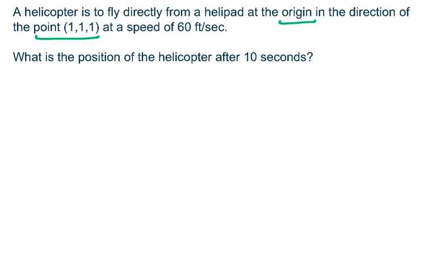So the first thing we're going to do is consider that equation as we just wrote it. We said that r of t, our resultant vector, is the initial position plus t times the speed, which is the magnitude of our v vector, times that unit vector u.